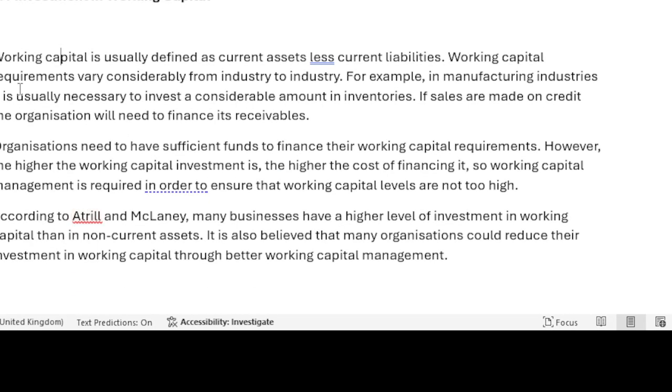What is working capital, first of all? Anyone who has an idea what working capital is in simple terms? Working capital can be the difference between the company's current assets and current liabilities.